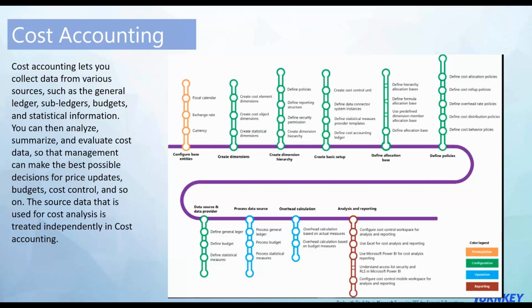So anyone who utilizes cost accounting, as you see here, this is the model in which it is configured and allows you to define your allocations if you have any, as well as has overhead calculations. So if you maintain your employees within the system, you can also perform overhead calculations, as well as on the supply chain side, it will feed into that as well.